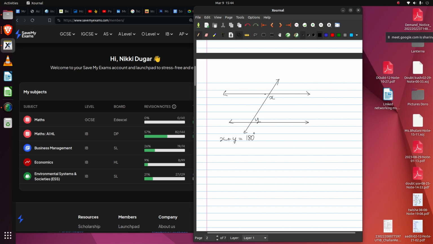Similarly, there are other angles. For example, this angle here, it is equal to which angle out of x and y? If you have heard of some congruent angles or equal angles in parallel lines. So this angle here is y. Correct. Why? Because they are alternate angles.